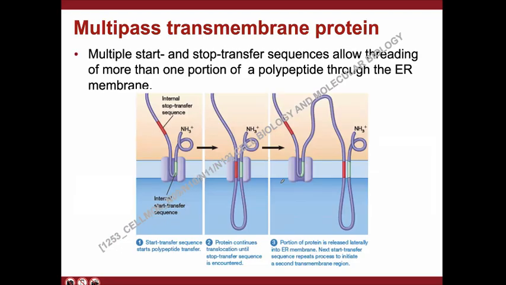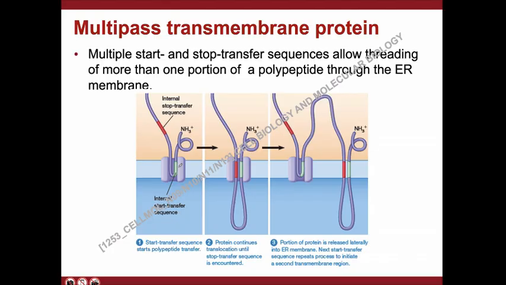But what about those integral membrane proteins that are multipass transmembrane? They also have another mechanism. Transmembrane proteins with multipass transmembrane spanning regions are formed in a similar manner to the single pass transmembrane protein, using the start and stop transfer strategy, except that we have an alternating pattern of start transfer and stop transfer.